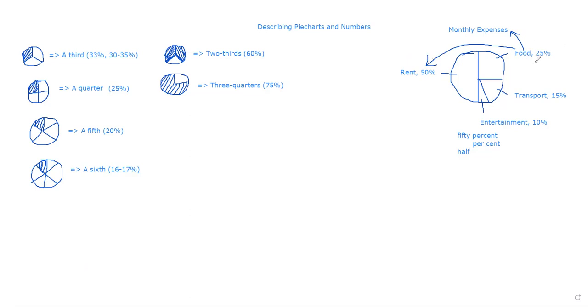But if you compare food with rent, then food is going to be half, right? So you need to be able to compare with the total as well as between each of the sections. For example, you can say food makes up a quarter of the monthly expenses.